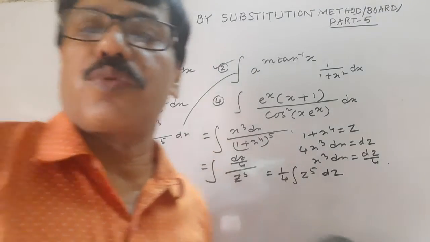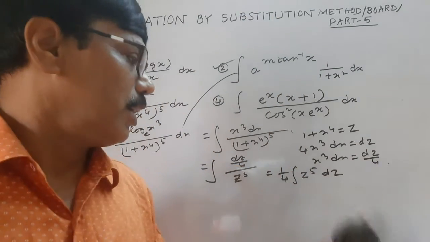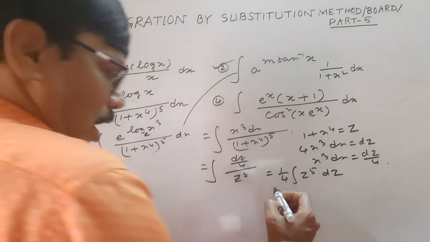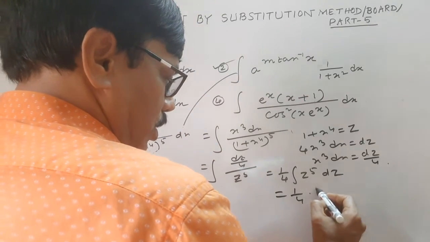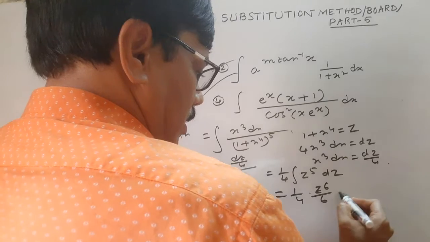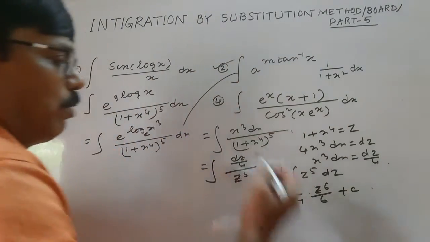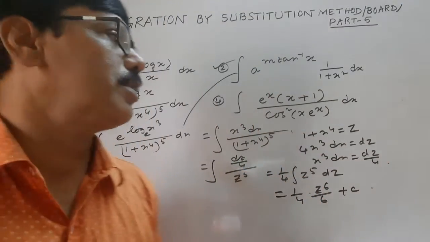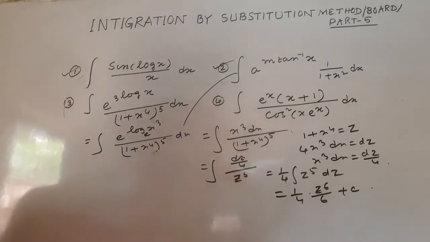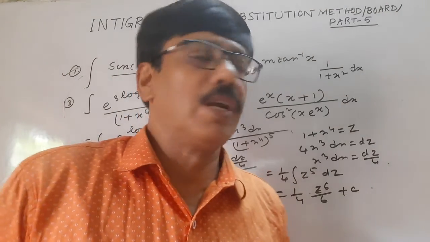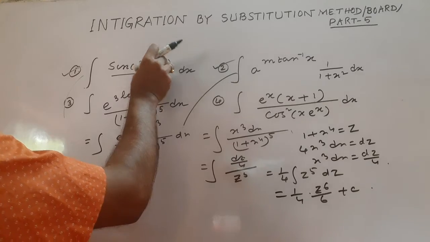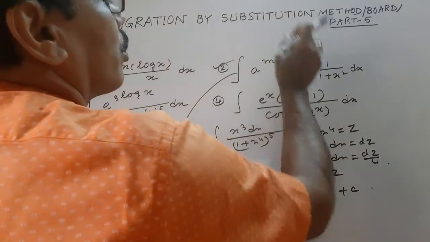So putting some suitable transformation, it is transformed to standard form. So the answer is 1 by 4 times z to the power 6 by 6 plus c. Then put the value of z. So the transformation to be put will be clear from the argument. In sin log x, log x equals z.